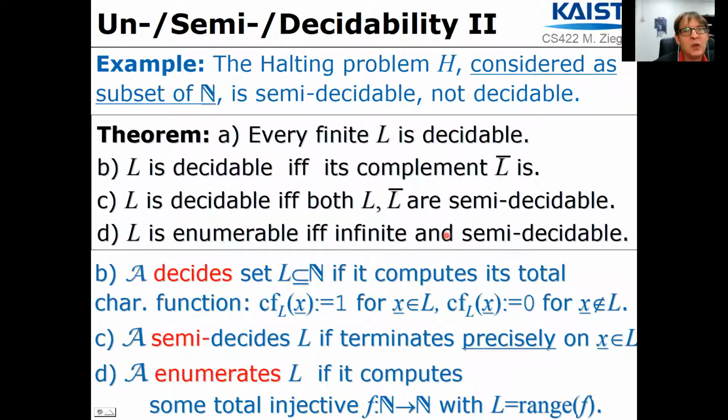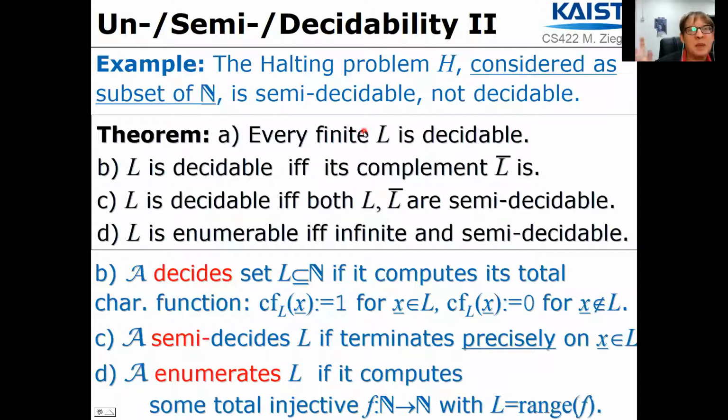So what we now do is to prove the theorem. Remember, that's the essence of computer science, with emphasis on science, that we can prove something, and here that's what we're going to do. In order to prove that the finite set is decidable, what does it mean to be decidable?